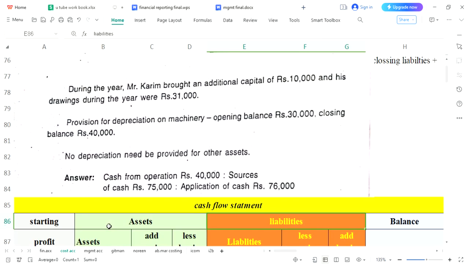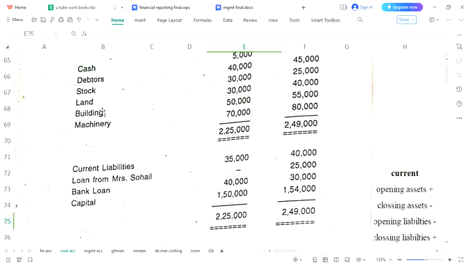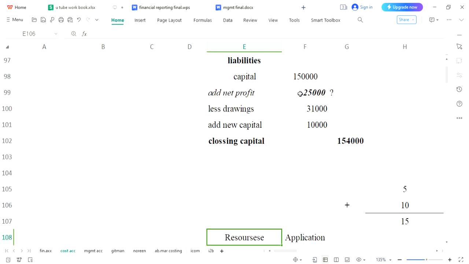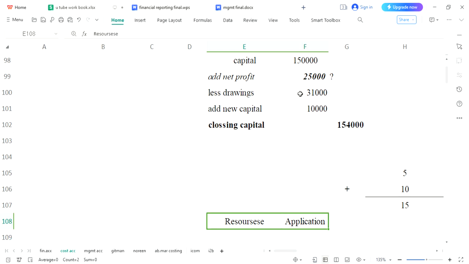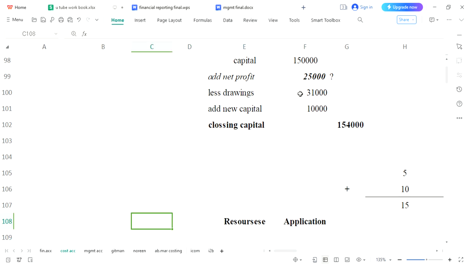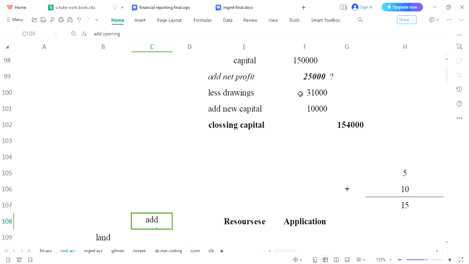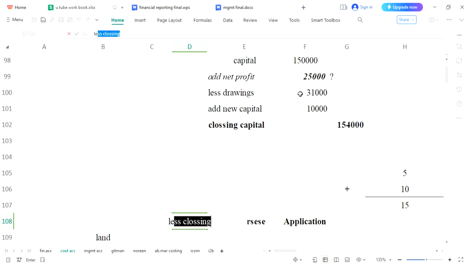Let's come over here. So we have our land, 30 and 40,000. So come over here. We are going to calculate our resources and applications. The first item which we have is land, and as you can see, opening we may write over here, the sign would be add, and then less closing.